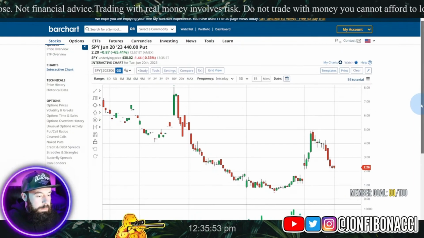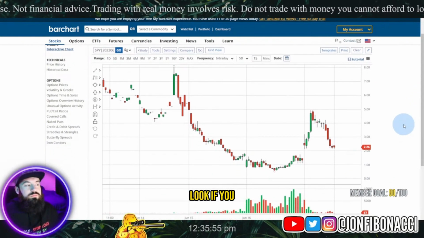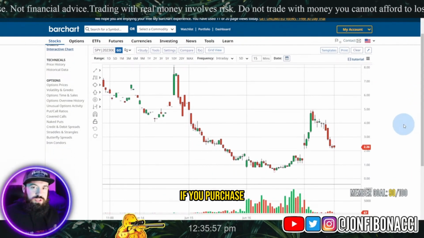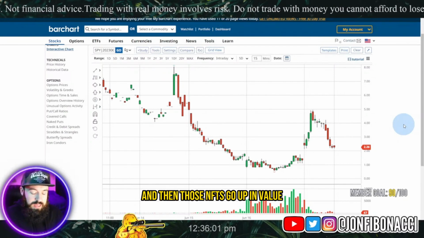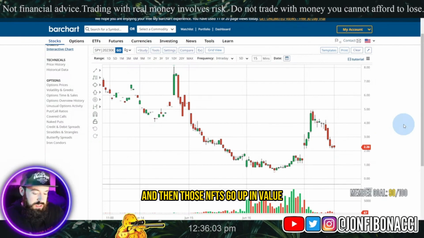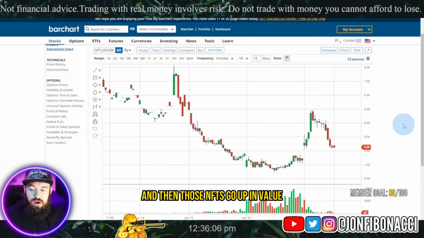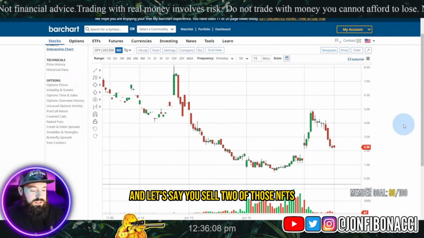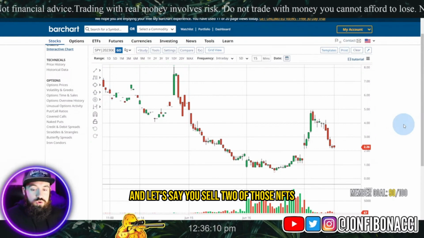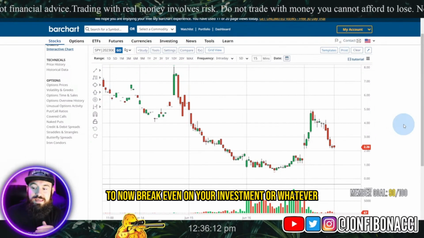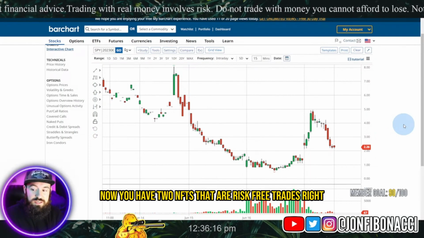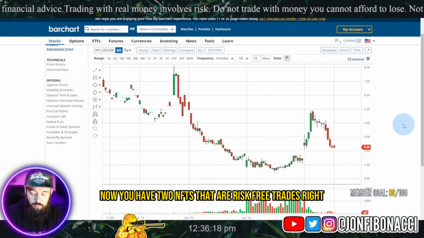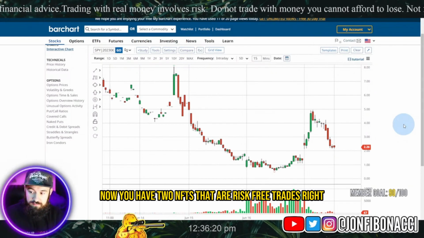They basically said, if you purchase, let's say, 4 NFTs, and those NFTs go up in value, and you sell 2 of them to break even on your investment, now you have 2 NFTs that are risk-free trades.